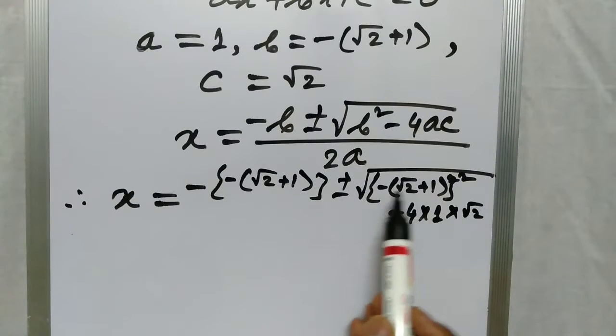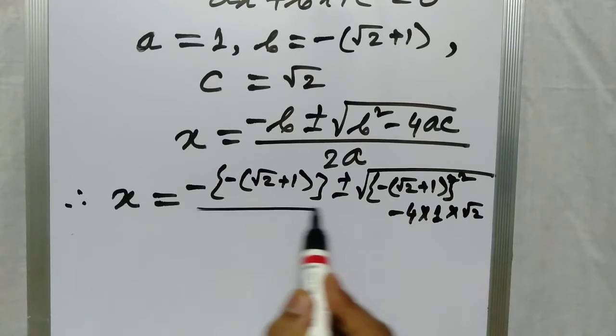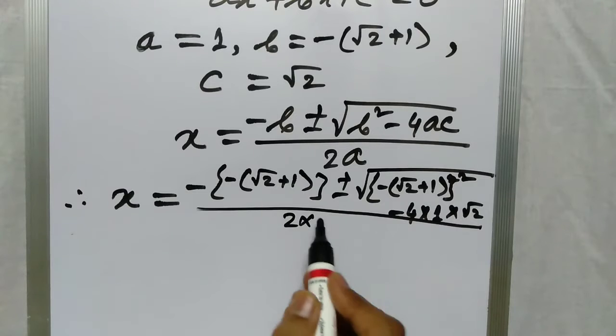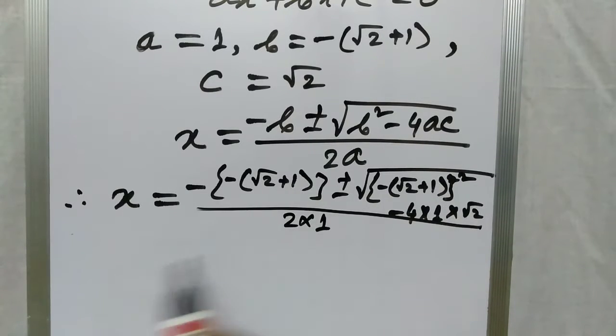These all are under root. Now, 2 into a, putting the value of a as 1.